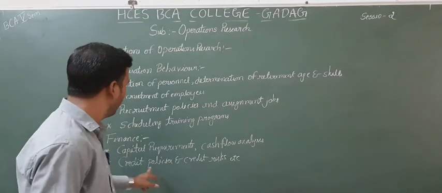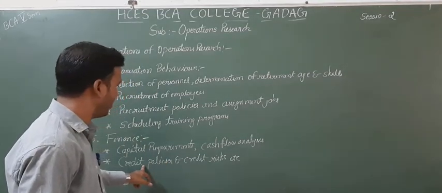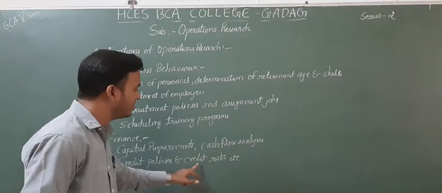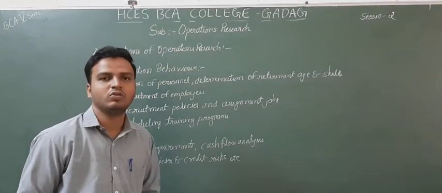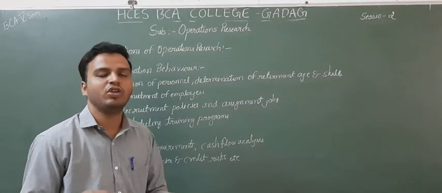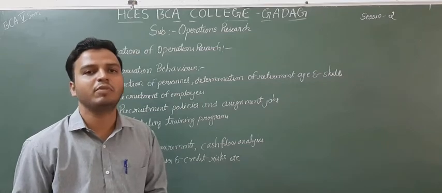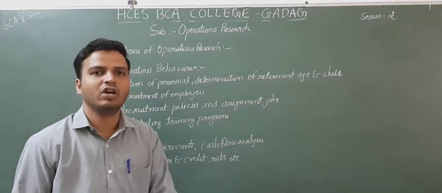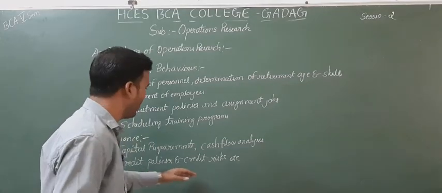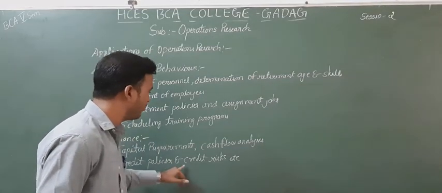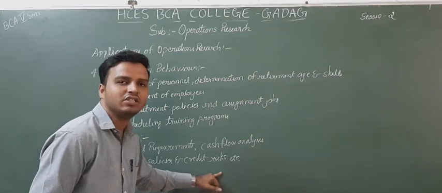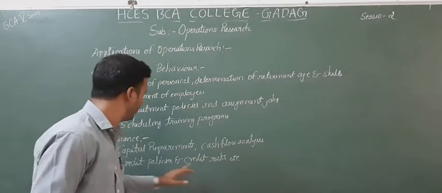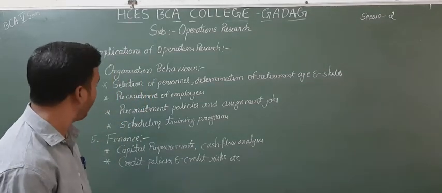We have to analyze the credit risks. If we give customers goods on credit, whatever risk we are going to face, before selecting credit policies we have to analyze the risks also.